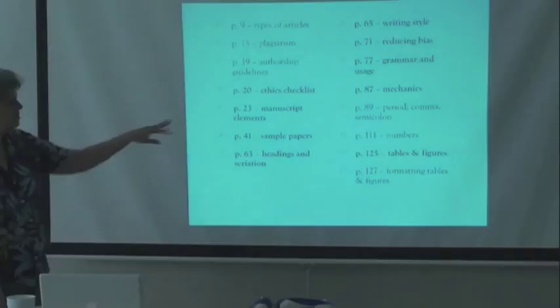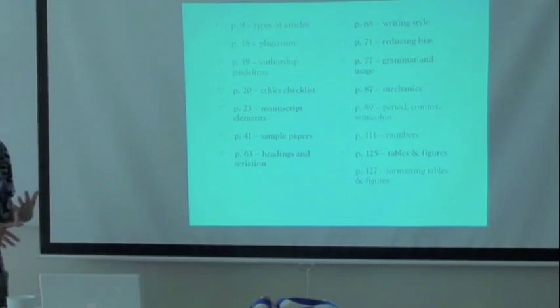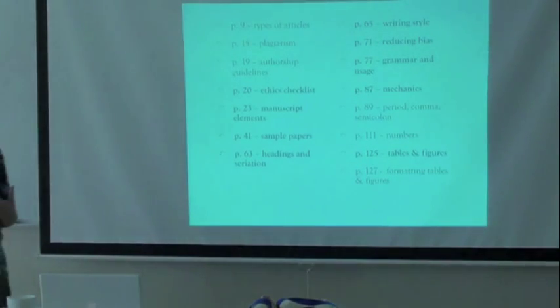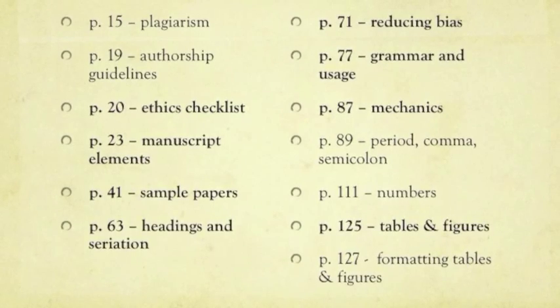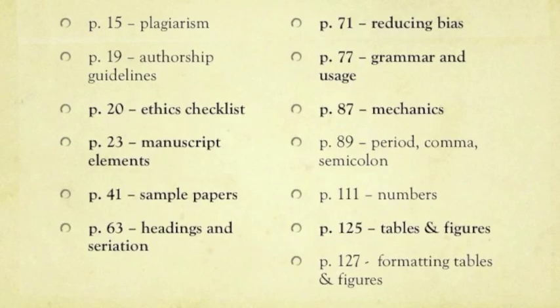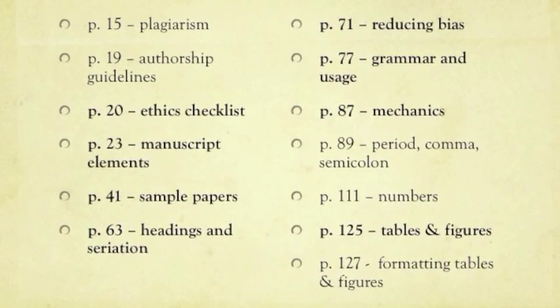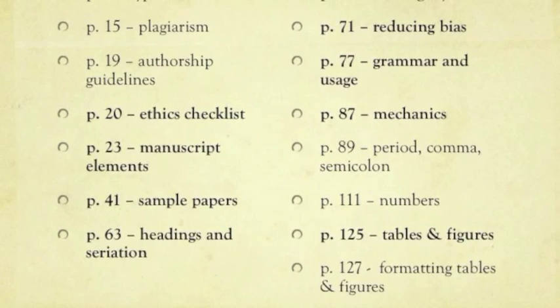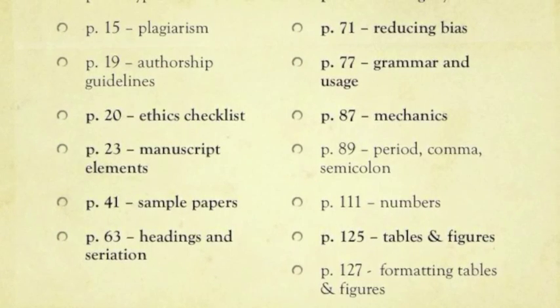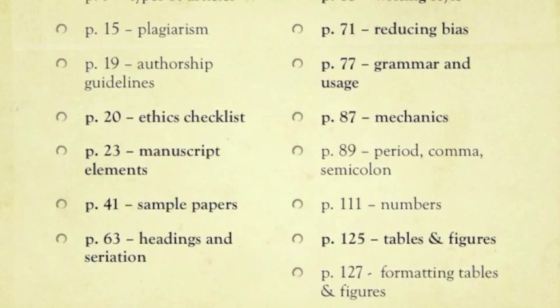Numbers begin on page 111. Do you write out the number 5 or do you write a numeral 5? Do you write out the number 1,345, like you're writing a check or something? And if you want to write a check, that's a good number to write. Make it out to me.